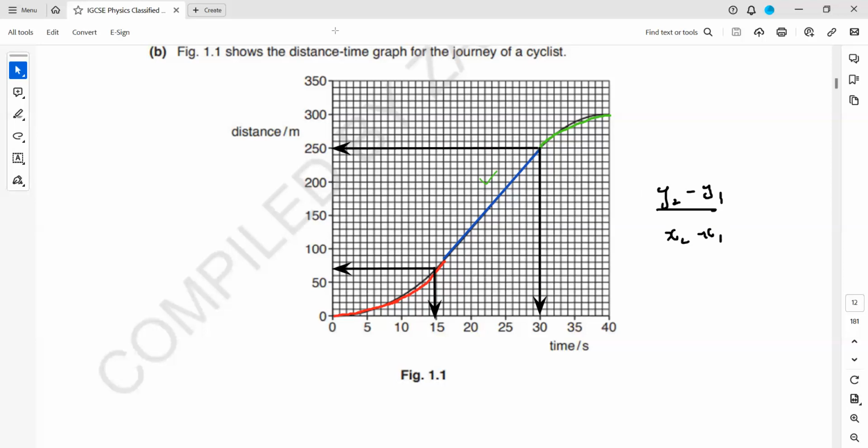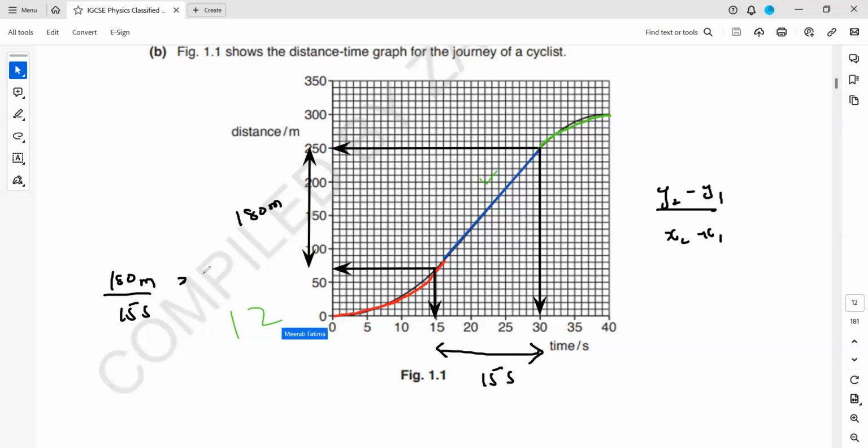This was 70 to 250, so 250 minus 70 is 180 meters. The time interval from 15 to 30 is 15 seconds. So 180 meters divided by 15 seconds gives the maximum speed: 12 meters per second.